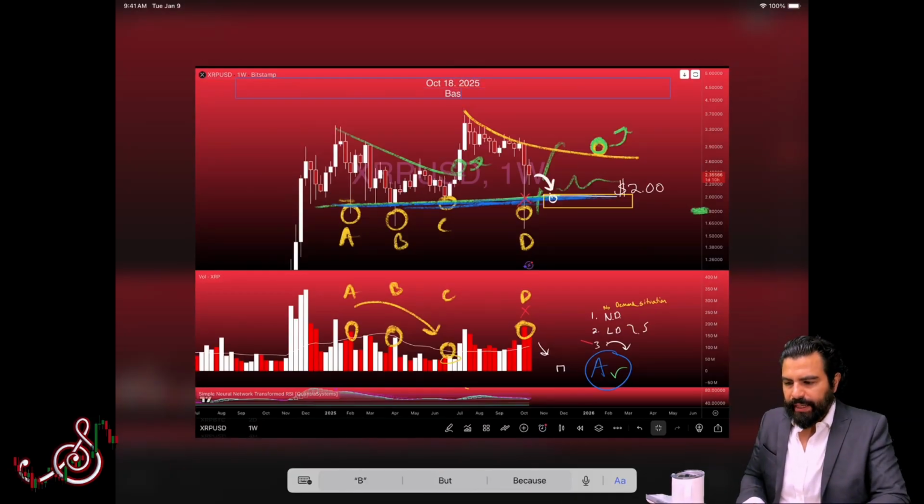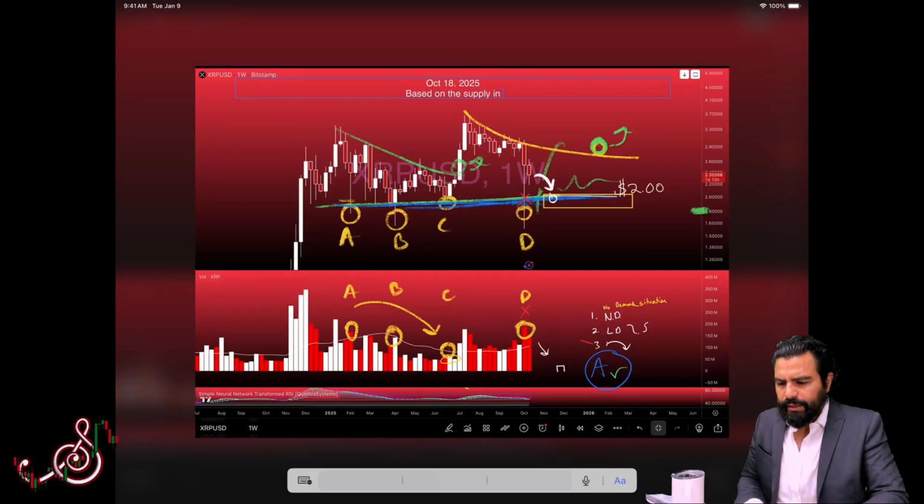Based on the supply in this area, I expect that absorption needs to occur again.